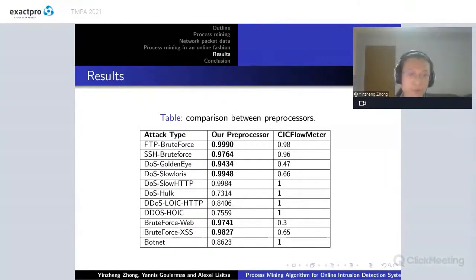Our preprocessor has not outperformed the CSV flow meter for every single attack type, but the performance is still promising. This is for binary classification.